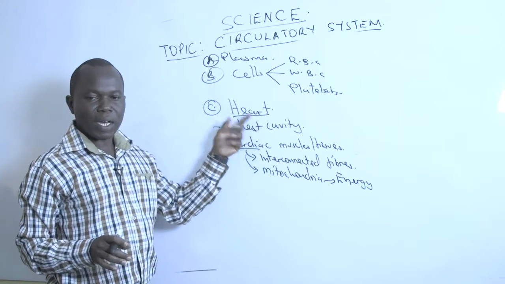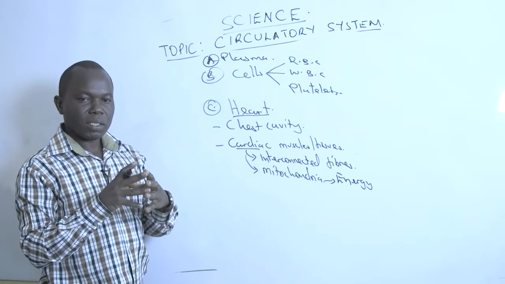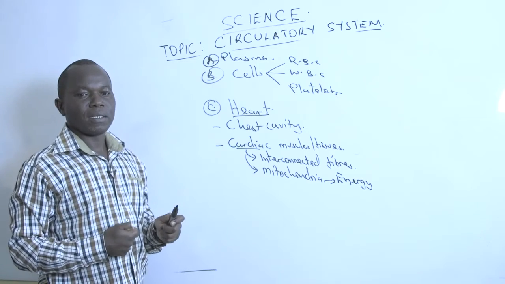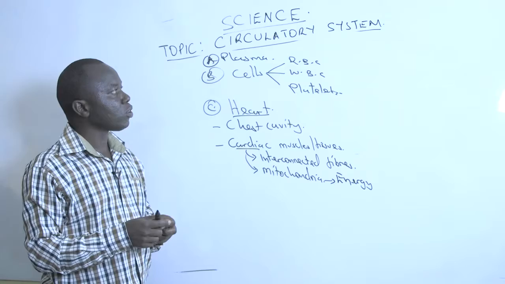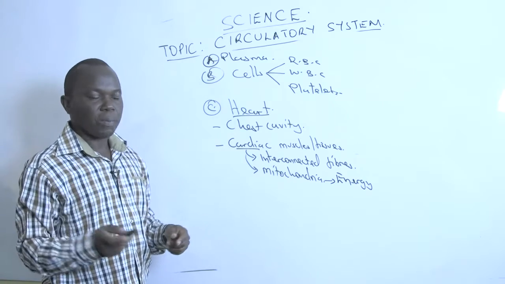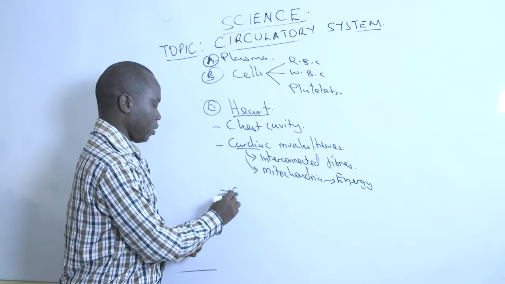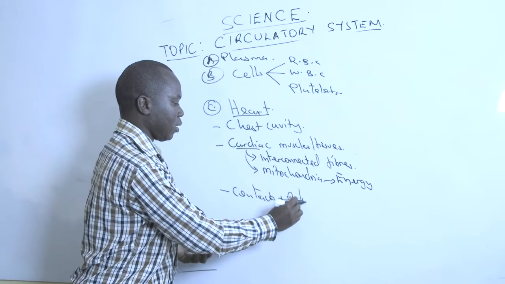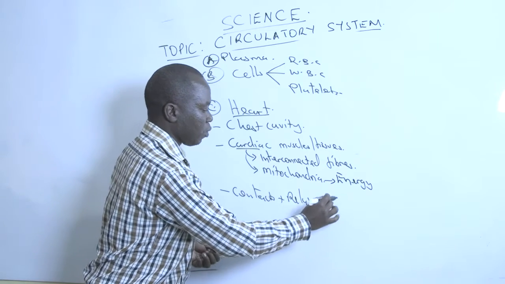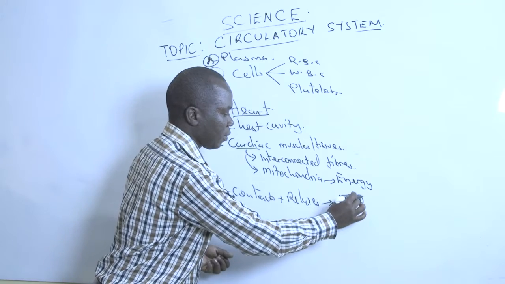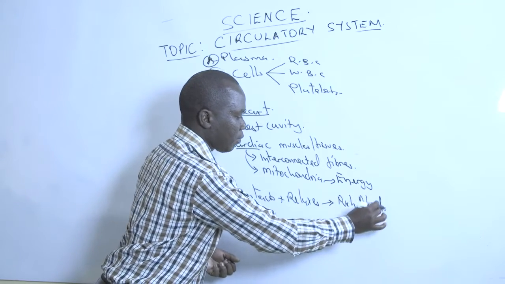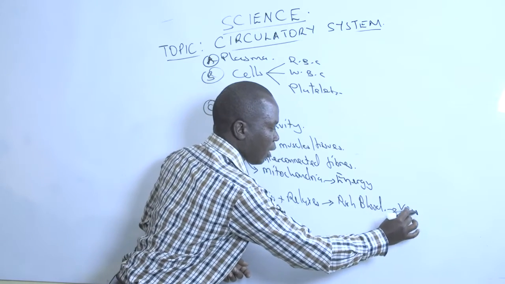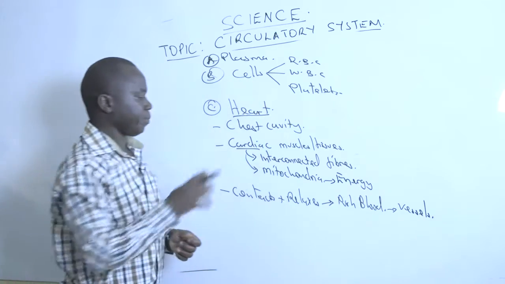So the major role of the heart is to contract and relax, and in the process push the blood through the blood vessels for every complete circuit.